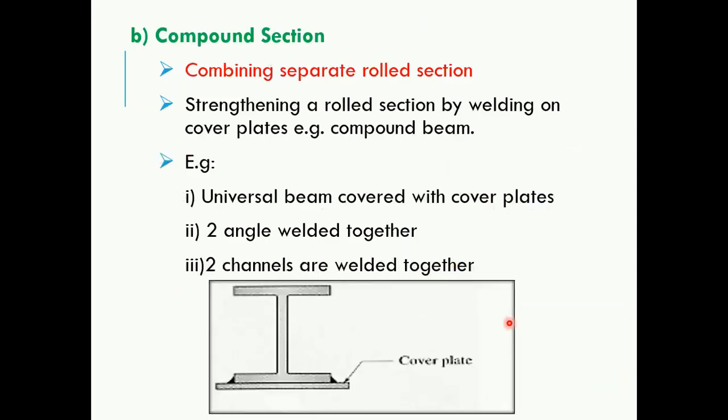The second type is compound section, where we combine separate roll sections to become one. Basically, the purpose of the compound section is to strengthen the section by welding a cover plate, for example. Here we need to increase the strength capacity at the bottom flange, so we add a cover plate at the bottom.